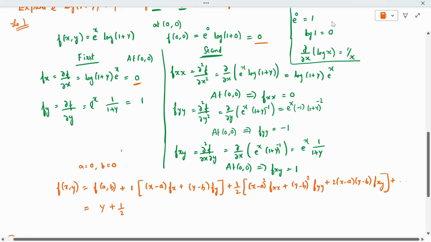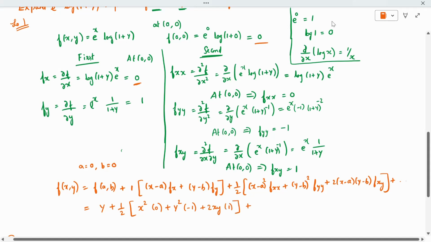Plus 1 by 2 into, same way when I write it here, a is 0, so x squared into fxx, which is 0, so 0 only. Fyy is minus 1, so minus; plus itself I will write. Y squared into fyy, which is minus 1, plus 2 into x, a 0, b 0, so xy, 2 into xy. Fxy answer is 1.